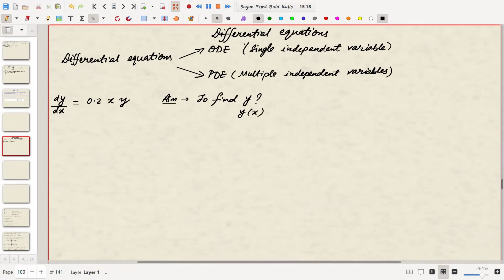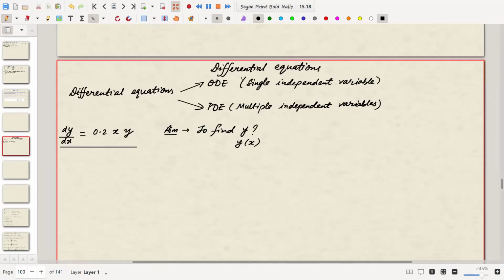If x changes, y changes. From this differential equation, you can say y depends on x. So I want to understand how y depends on x.